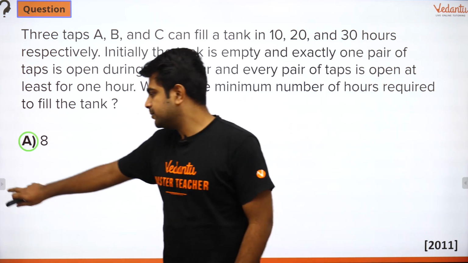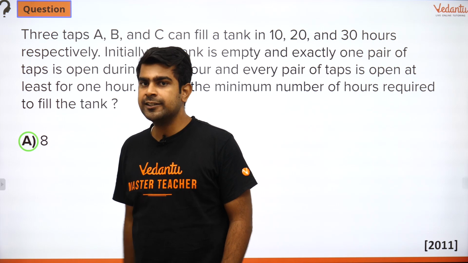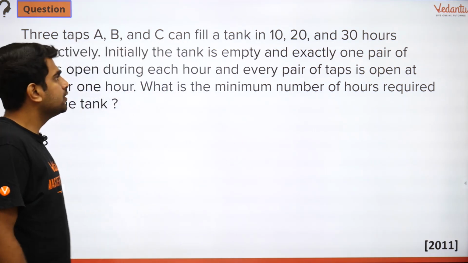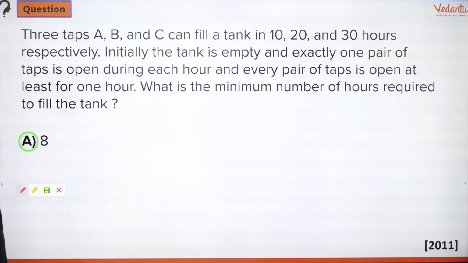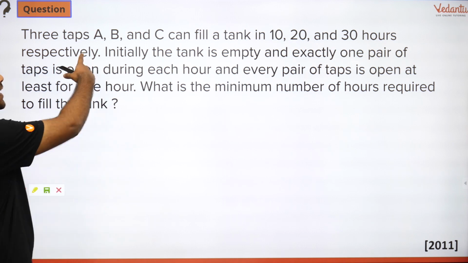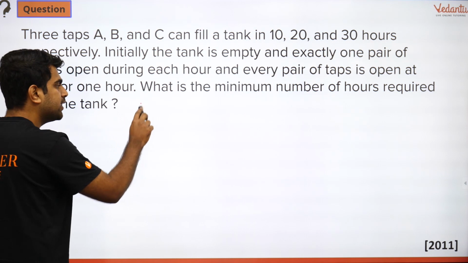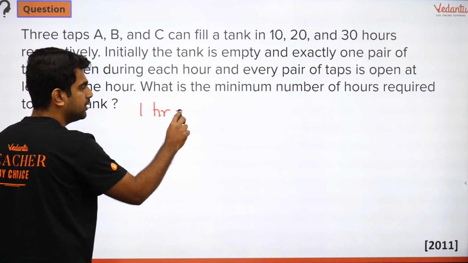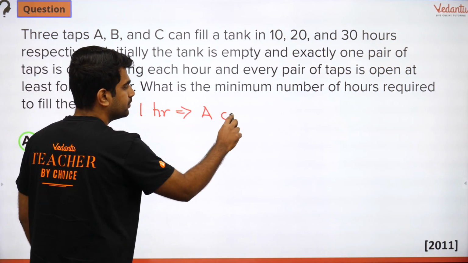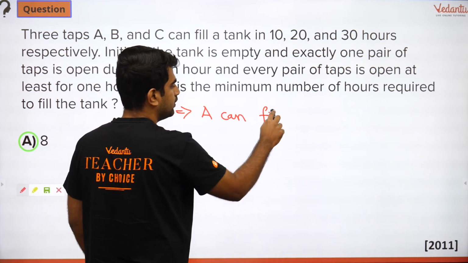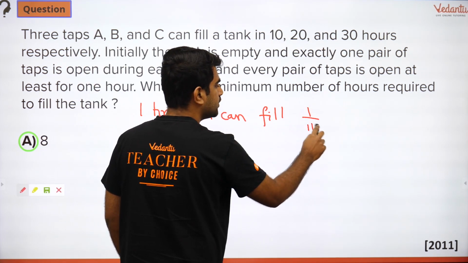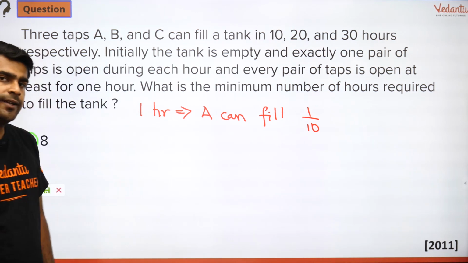Now let's try to solve it. Okay. So first, let me start off from basics. So guys, A can fill the tank in 10 hours. So in 1 hour, A can fill 1/10 of the tank. Okay.